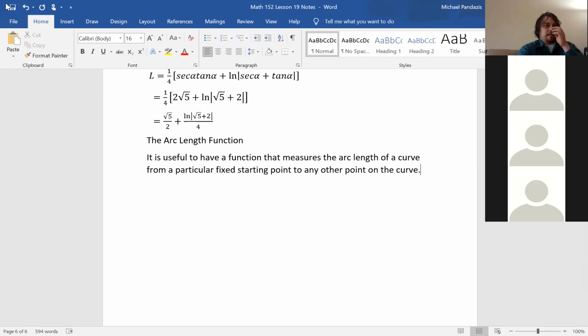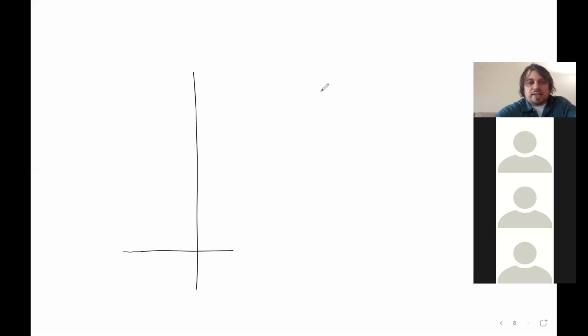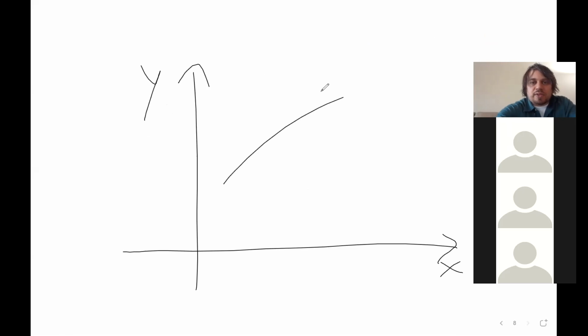And so what that means is this. If you over here, let's say, okay, so you have the x-axis, you have the y-axis. Let's say you have a curve here. So let's say this is A, this is B. So let's say we have a fixed starting point, which I'll use with this pink here. So this is our fixed starting point.